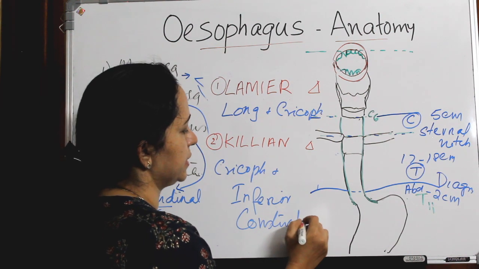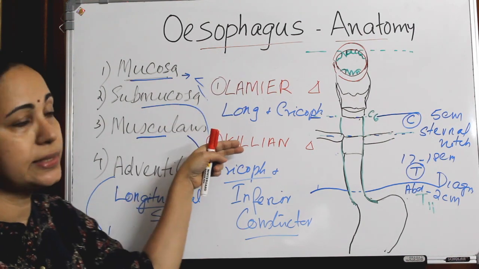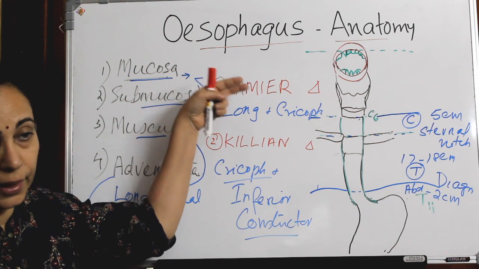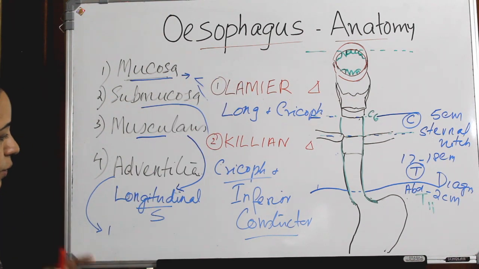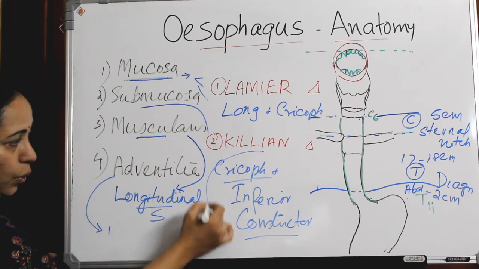Both are in the posterior aspect. And a diverticulum through Killian's dehiscence or Killian's triangle is more common than a diverticulum through Laimer's triangle.